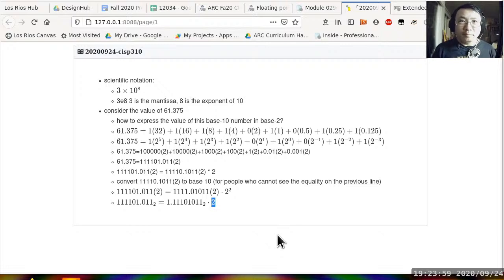So I have to move the binary point 3 more times to get to here. That means whatever the power of 2 is here, which is 2 itself, needs to increase by 3. So now we end up with 2 to the power of 5. Are we still doing okay so far?